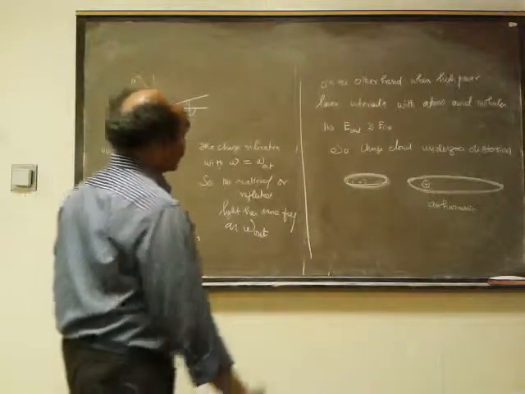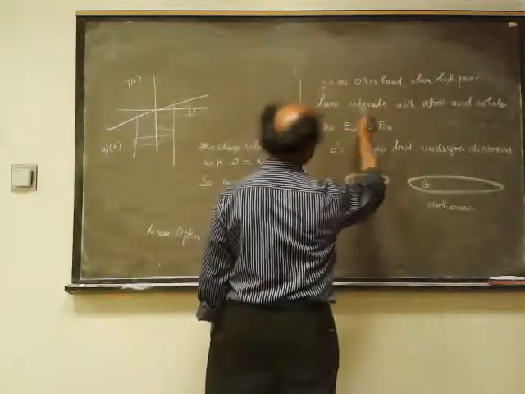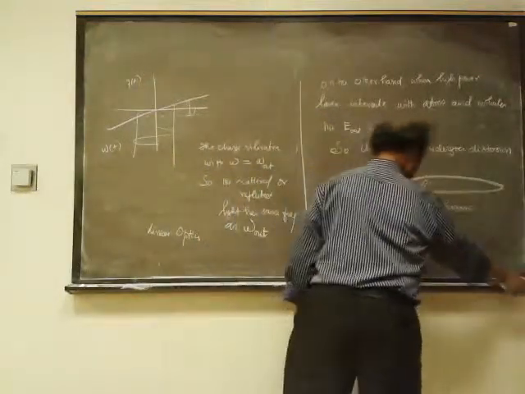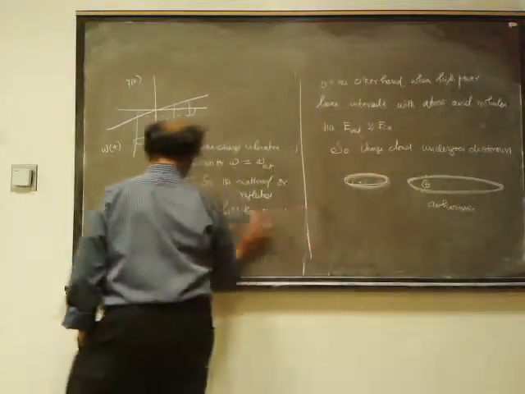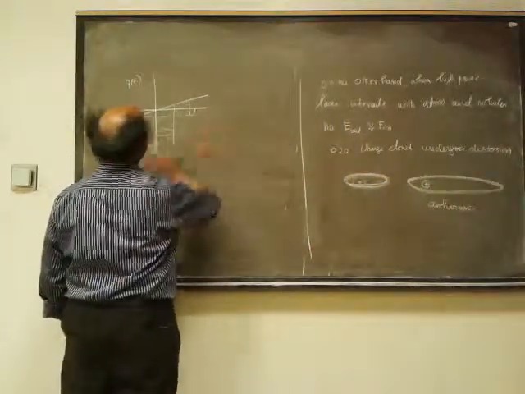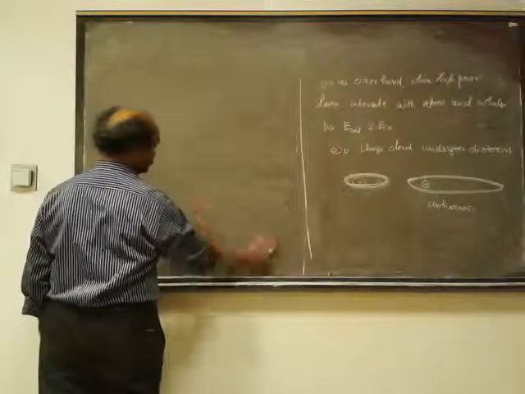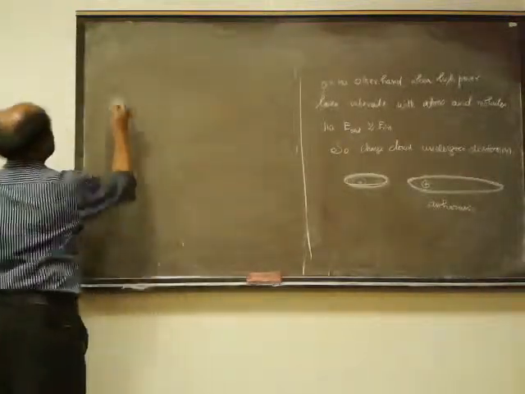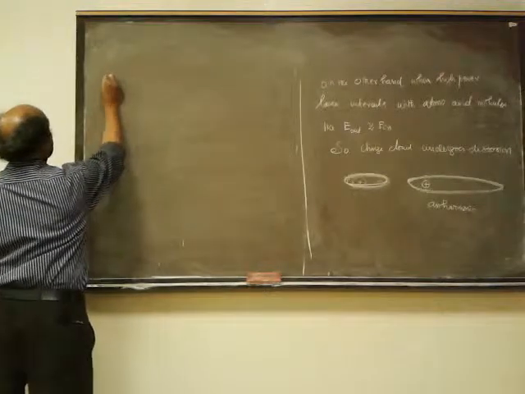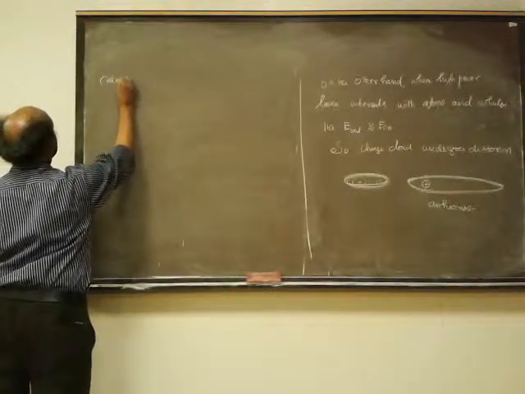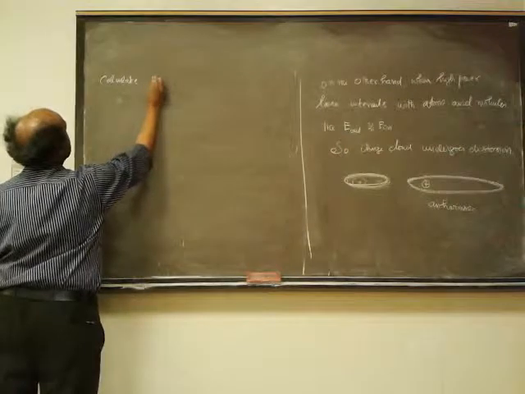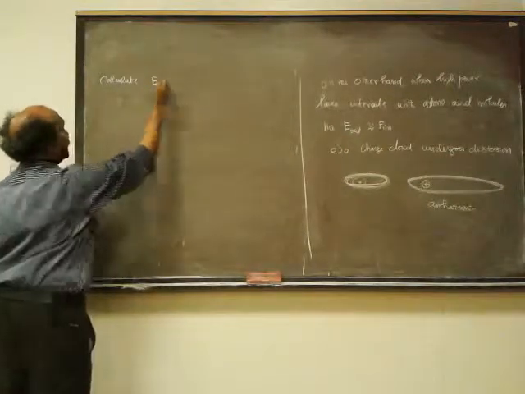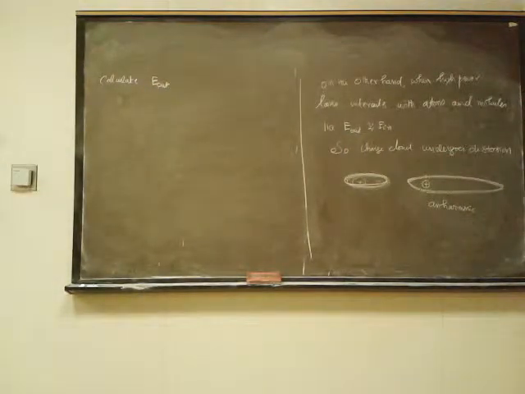How do you say that E out is comparable to E in? This is where you should go into laser. Let us calculate E out, that is the electrical field produced by the laser at the point of focus.